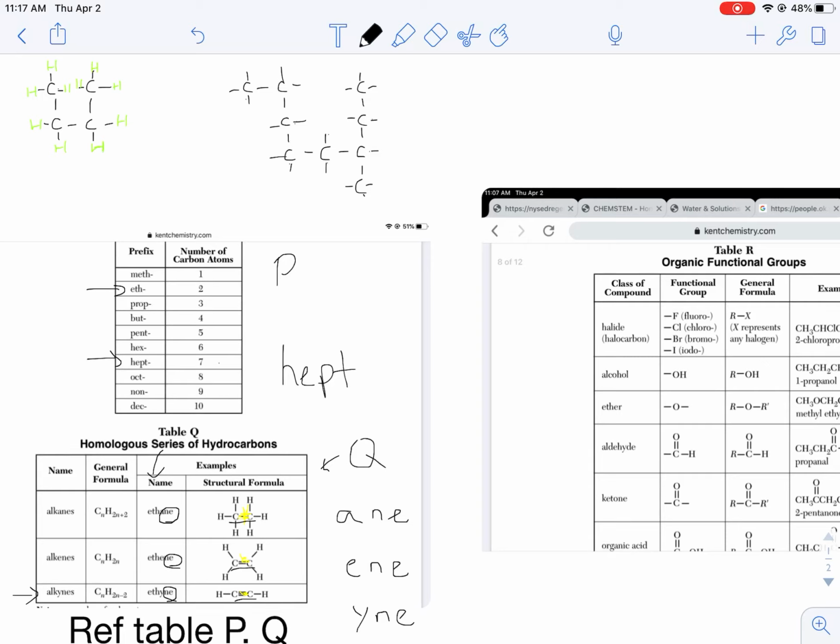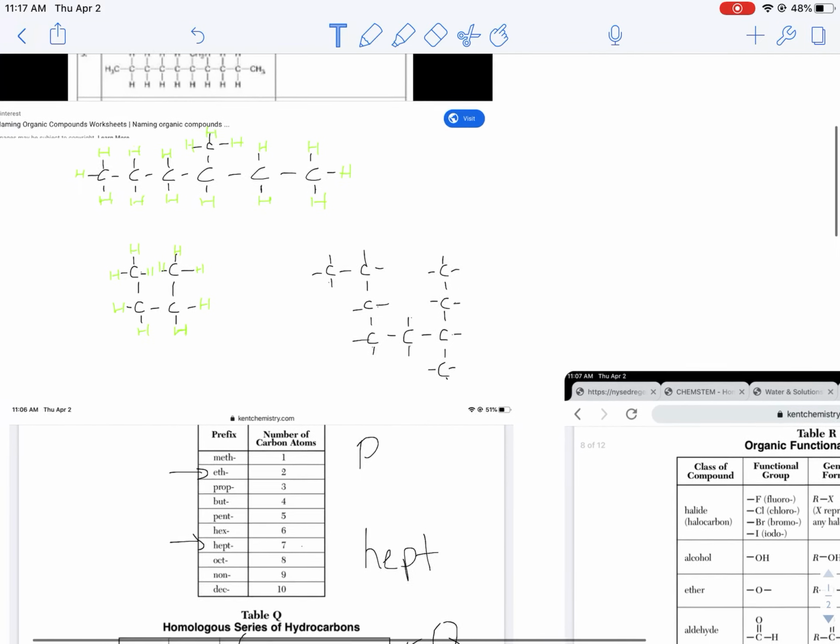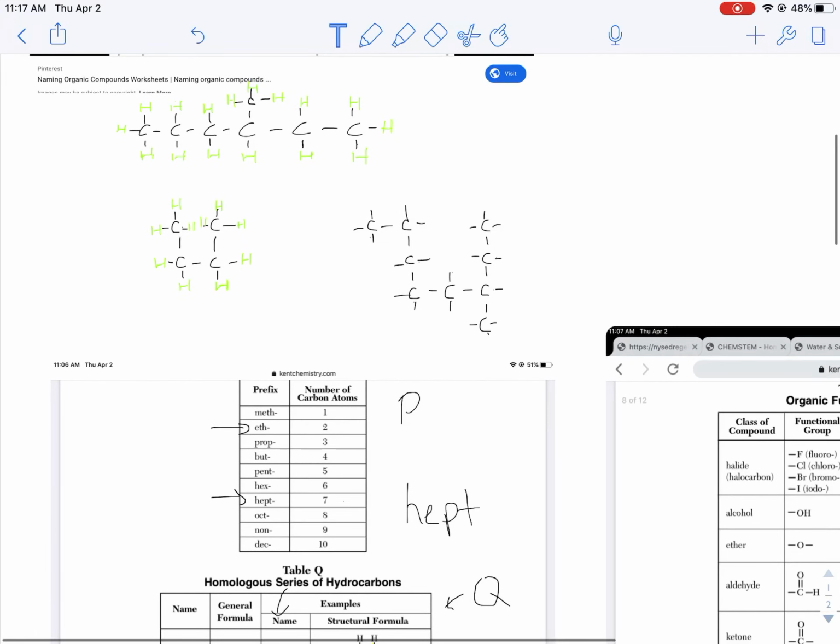Something else I wanted to point out to you is when you're looking at carbon chains, a lot of times they give you a simplified showing. If you take a look at my diagram up here that I'm about to point an arrow to, you'll notice that I have a bunch of carbons, and in green I have put hydrogens.